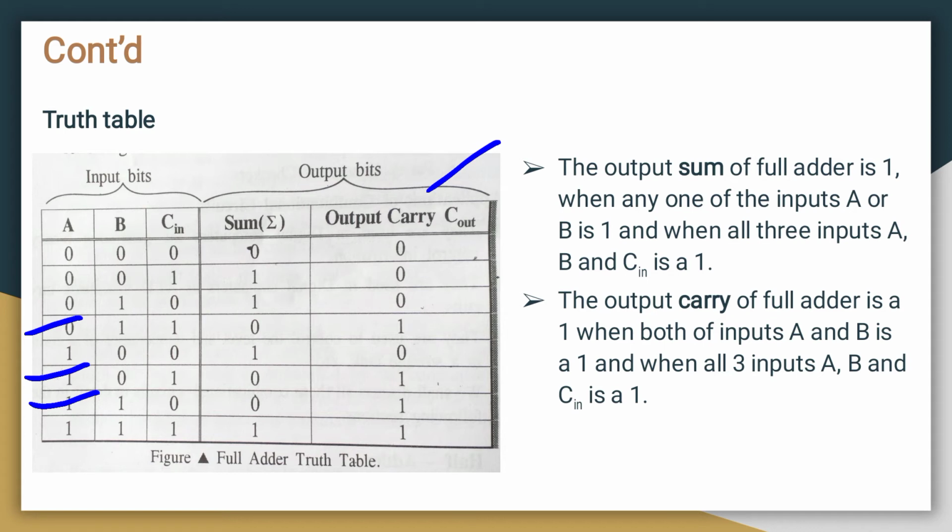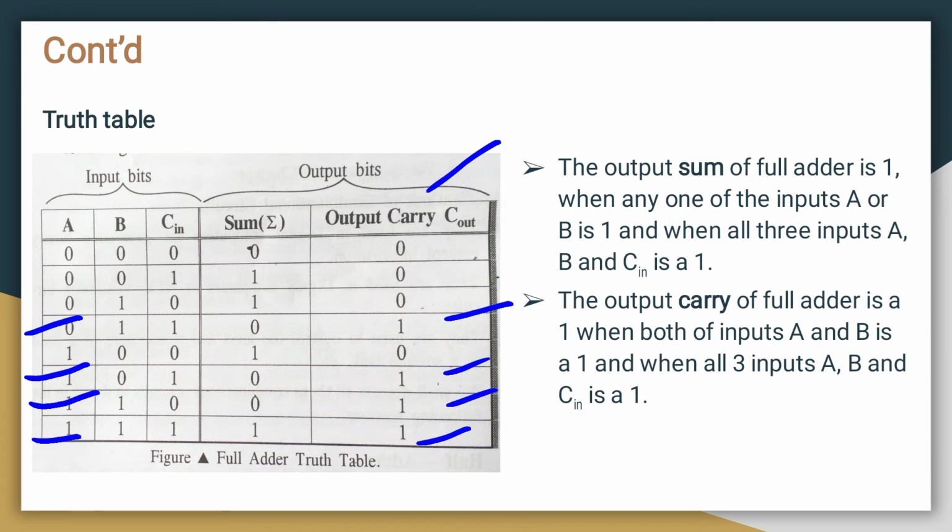So this is the first condition, then the output is 1, 1, 1. At the last condition, all ones, then the output is 1, because when we add all the 3 bits, we will get 1, 1, nothing but we are going to give a carry. So this is about the truth table of the full adder.